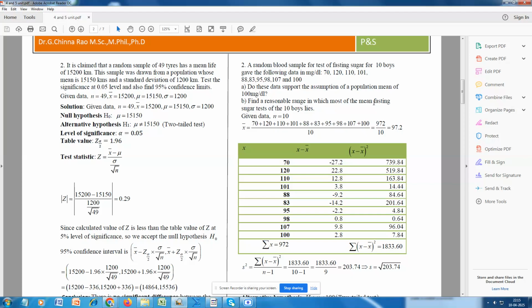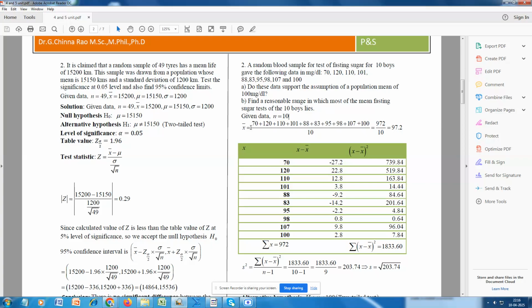Find a reasonable range in which most of the mean fasting sugar test of the 10 boys lies. So, given how many sample points? 1, 2, 3, 4, 5, 6, 7, 8, 9, 10. So, sample size n is 10.